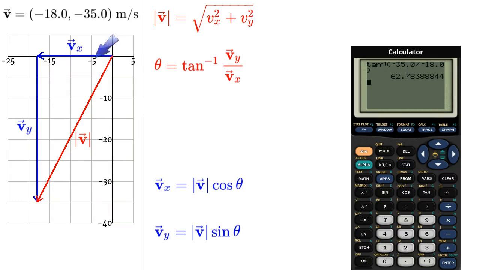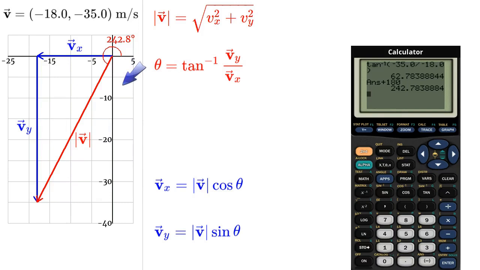So if that angle is 62.8, then the direction that we want is actually 62.8 plus 180. So on our calculators, we're going to add 180 to our answer, and we're going to get 242.8. So just keep in mind, whenever you've got a vector pointing into the second or the third quadrant, you have to add 180 to the direction that the calculator gives you.